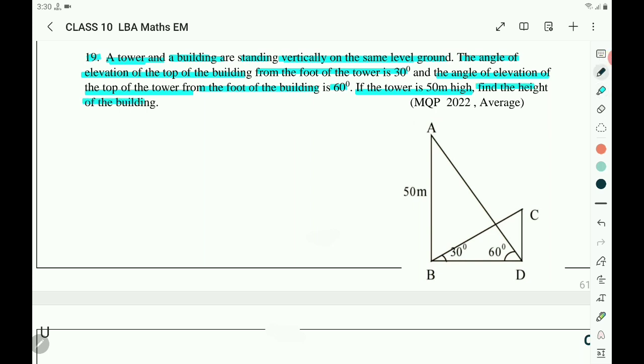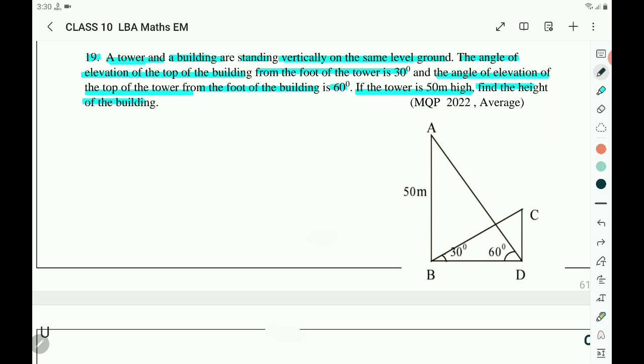Here given a tower is there, a building is there. They are standing vertically on the ground. Angle of elevation of the top of the building. Here building is CD. See the top of the building. Angle of elevation of the top of the building from the foot of the tower. B is the foot of the tower. From the foot of the tower, the top of the building is viewed.